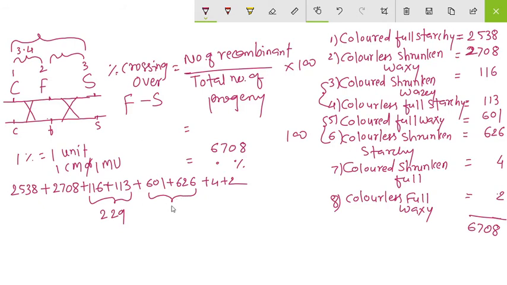So these are 601 and 626, and the sum of them produced 1227. So total number of progeny is 1227 divided by the total number of progeny 6708.